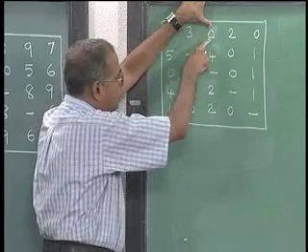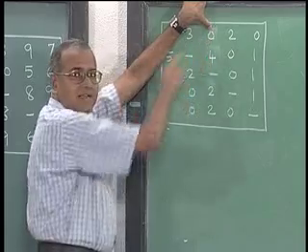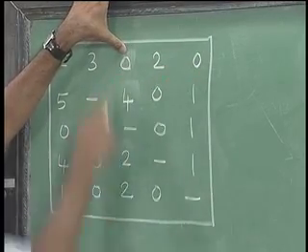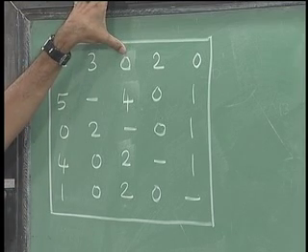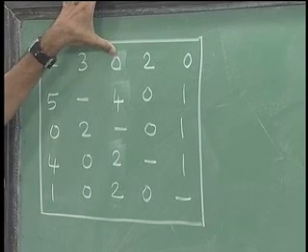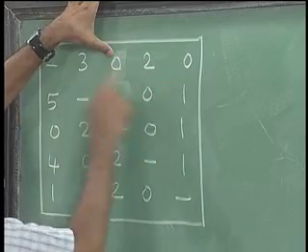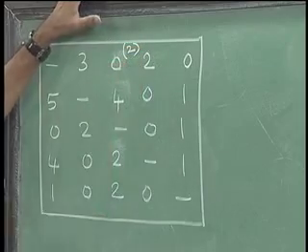So, if I am not able to make an assignment here, it means that my additional penalty that I will incur has a row penalty of 0 and column penalty of 2. So, row penalty is the difference between that 0 and the next highest element, and the column penalty is again the difference between the 0 and the next highest element. So, the sum of the row penalties and column penalties is 2 for this 0 plus 2.